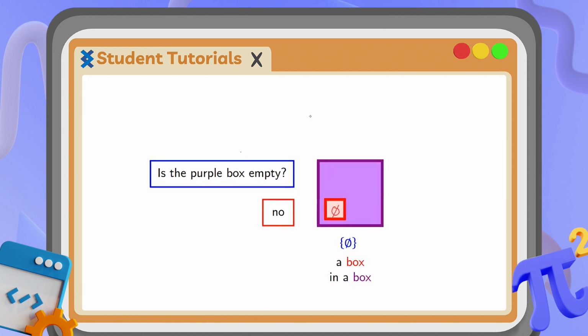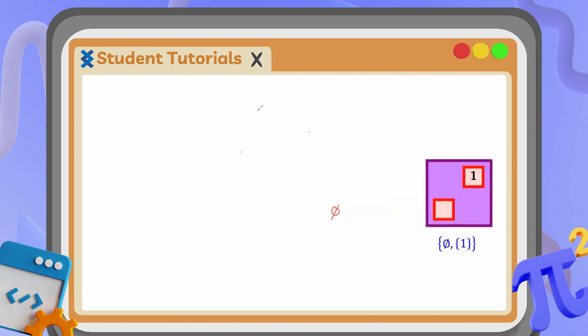It is an element in the purple box, which means it's not empty. It contains something, and that something is empty. And then lastly, we have a set containing the null set and a set containing 1. So there are two items in the purple box, which is an empty red box and a box containing 1.